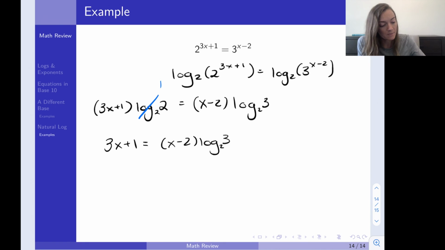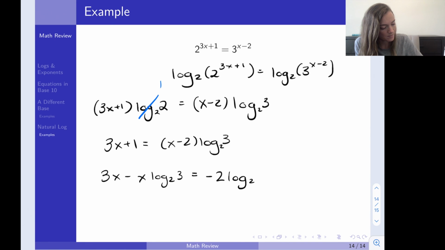So that's really it. We're just going to do a little bit of algebra here, get all of our x's to one side and all of our constants to the other side. So the log of 3 gets distributed to both the x and the -2 here. I moved this x over to this side, and then I moved the 1 over to this side.